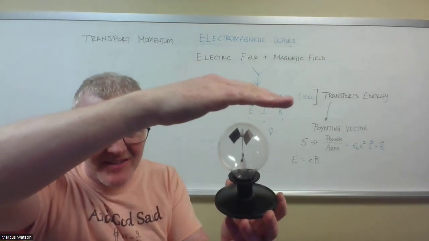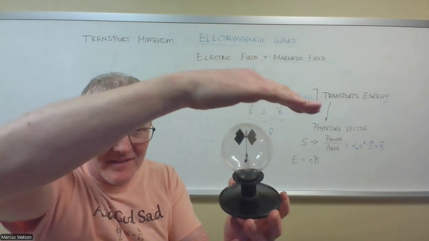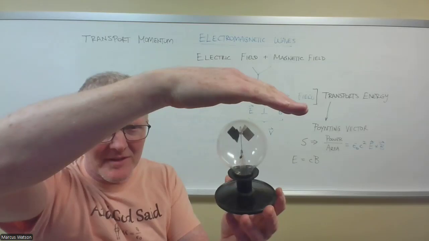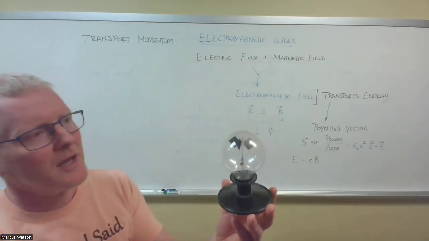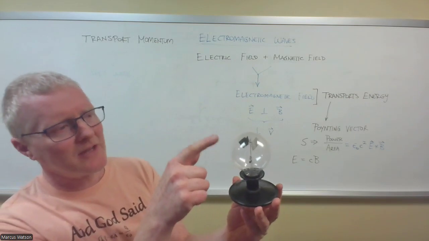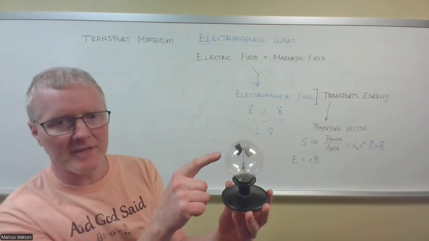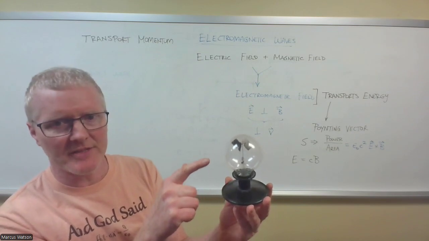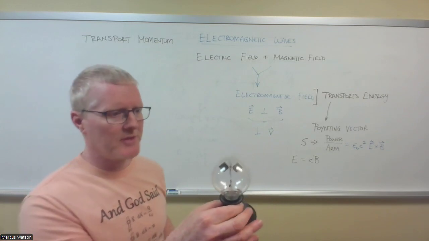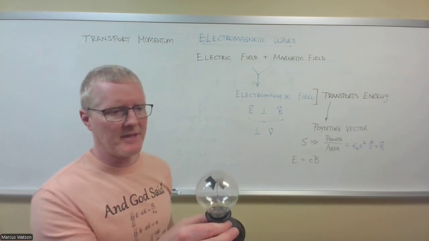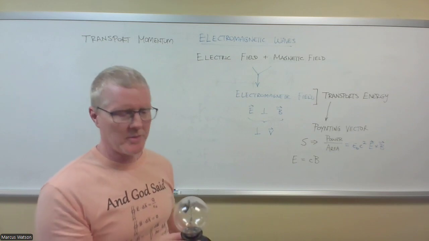The vanes are blackened on one side, white on the other, and they can rotate very easily. I can jiggle this thing and get it to start going. It's a very well balanced thing.